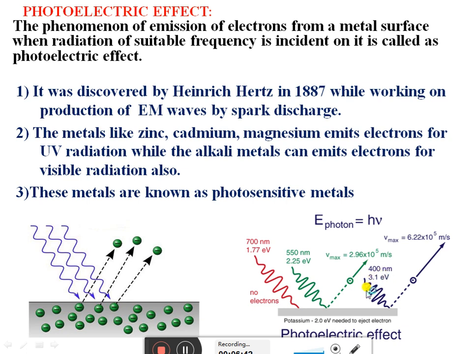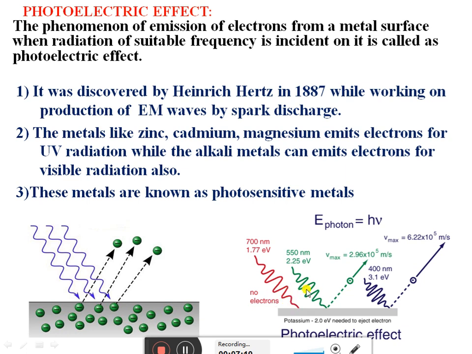When such an energetic photon is incident on this potassium plate, the energy is absorbed by electrons within the plate and they are emitted out of it, and this emission is called photoelectric emission. The maximum velocity of these electrons is 6.22 times 10 to the power of 5 meter per second, which is greater than that for green light. And for red light there is no photoelectric emission.